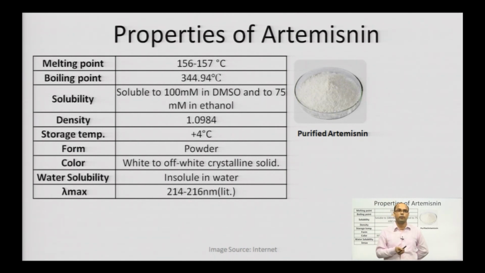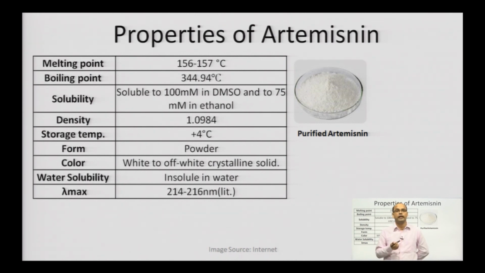In the physical properties, it has a melting point of 156 to 157 degrees Celsius. The boiling point of artemisinin is about 344.94 degrees Celsius. The compound artemisinin is soluble at 100 millimolar in DMSO and 75 millimolar in ethanol.